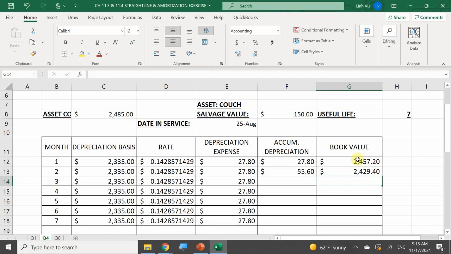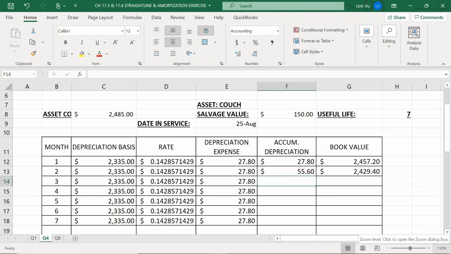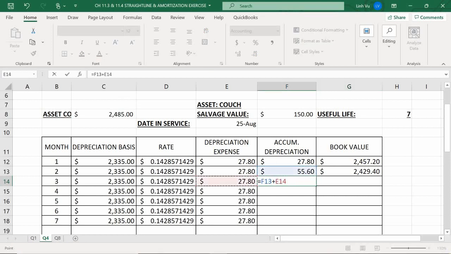So then what about accumulated depreciation for month 3? So can we go back again? Are we subtracting it from the 2485 or from the book value? We're subtracting it from the asset cost. The formula is book value equals cost of the asset minus accumulated depreciation.